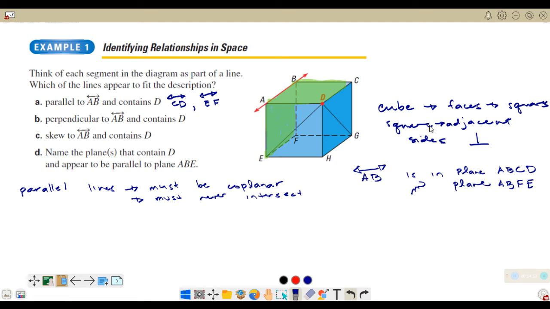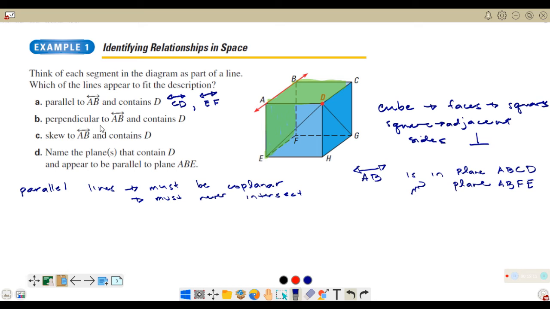Okay, so ito, symbol ng perpendicularity, bubuo siya ng 90 degrees with one another. Or simply binaligtad na T. Okay?